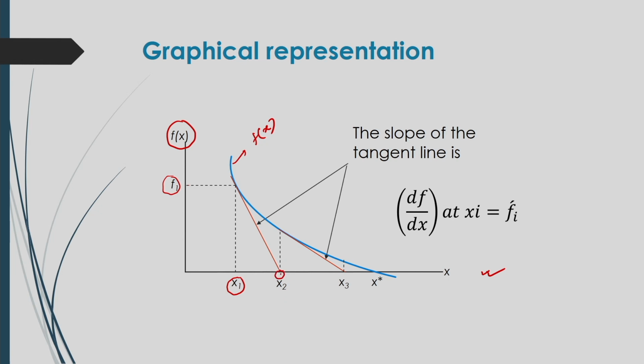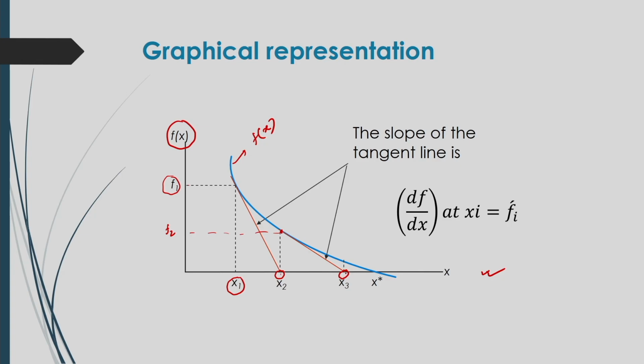Now at this point x2, if you go to that profile f of x, then the corresponding f of x will be here like this. So this will be your f2. Similarly, again at this point x2 on this profile, if you make again the tangent, then this tangent will intersect the x axis at point x3.